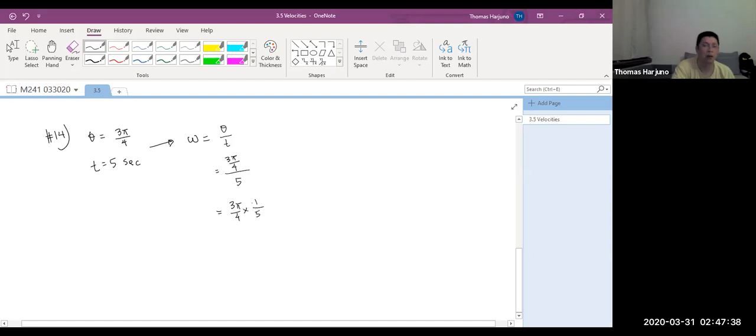When we divide by 5, we multiply by the reciprocal. I hope you remember that. And this will be 3 pi over 20. Now, what is the unit? The unit will be radians per second, because even though they don't tell us the unit, implicitly this is in radians.